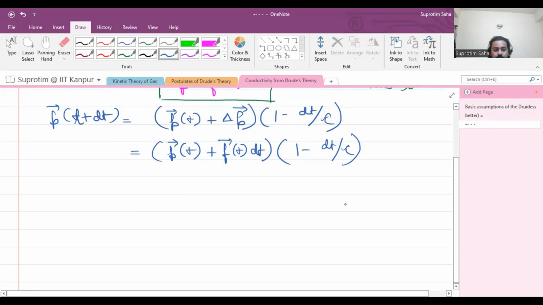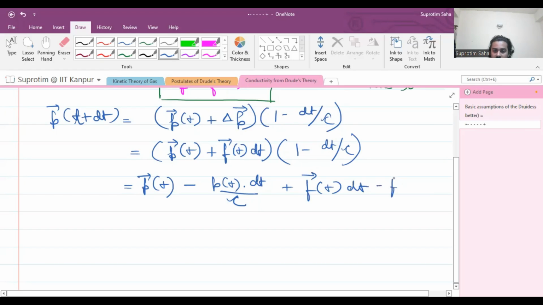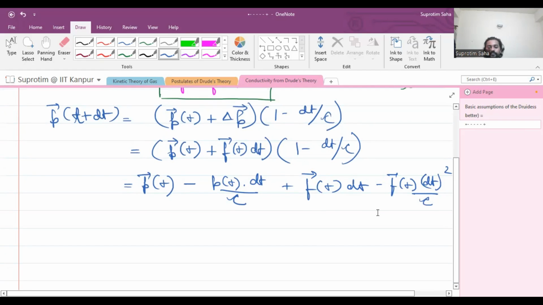So let's open the brackets: P of t minus P of t into dt over tau plus F of t dt minus F of t dt squared over tau. Now, if you remember, this tau is of the order of 10 raised to minus 14 to 10 raised to minus 15 seconds.